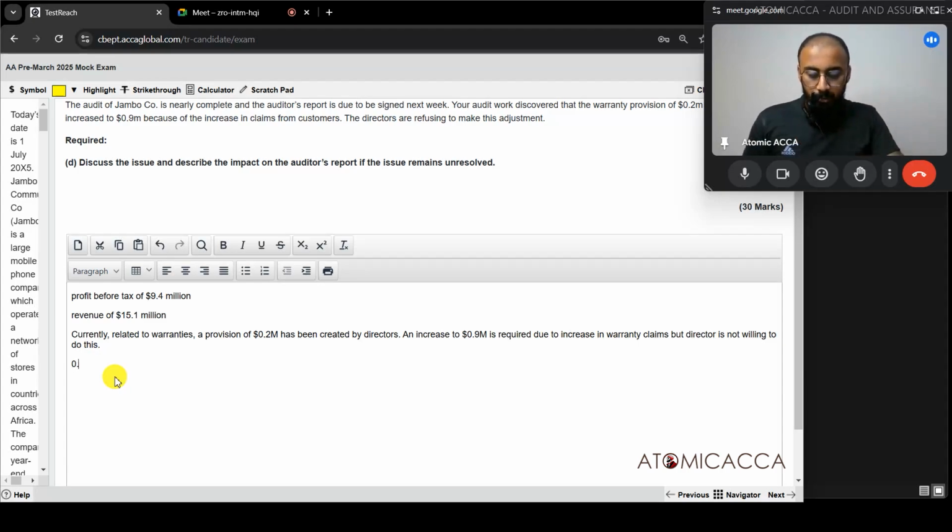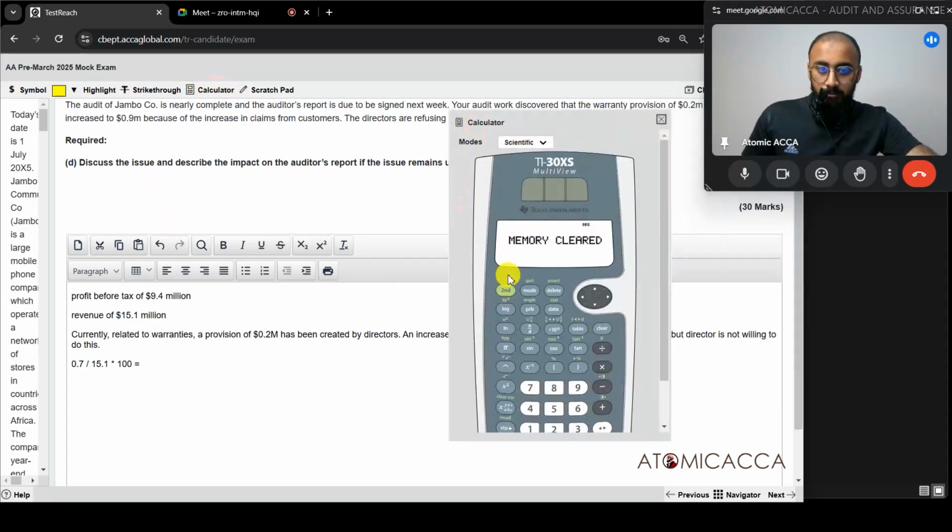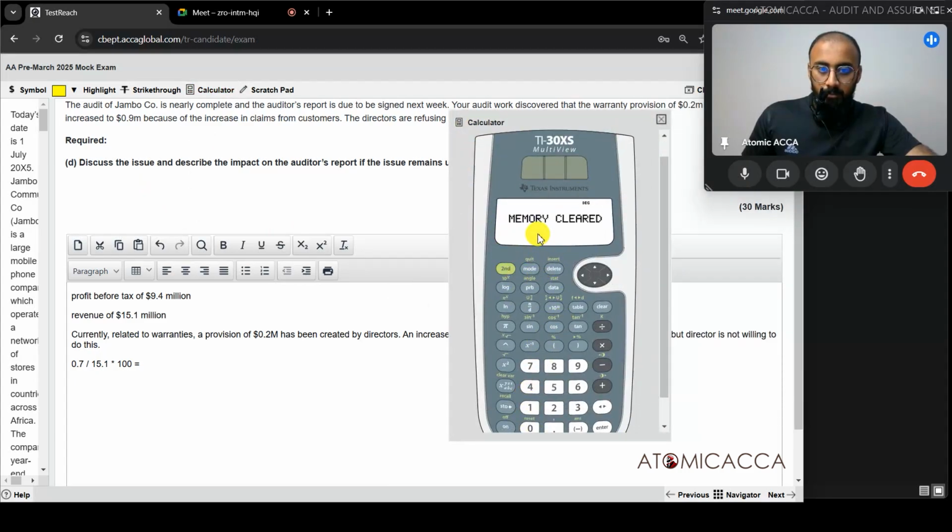So 0.7 million divided by 15.1 million revenue multiplied by 100 to make it into percentage. So that is 4.63 percentage.